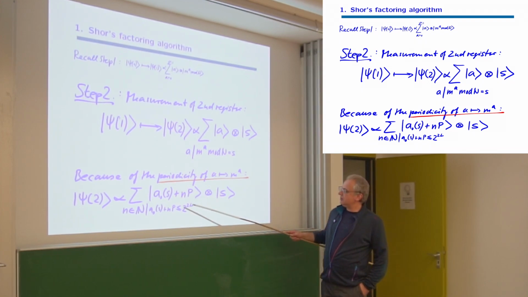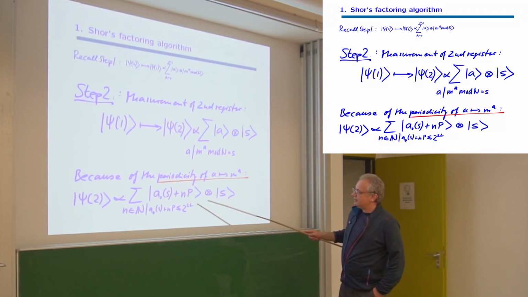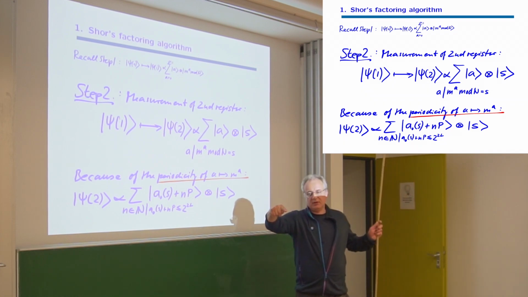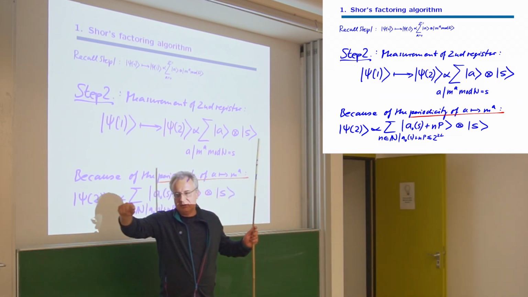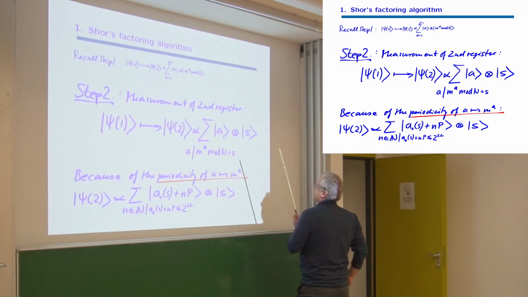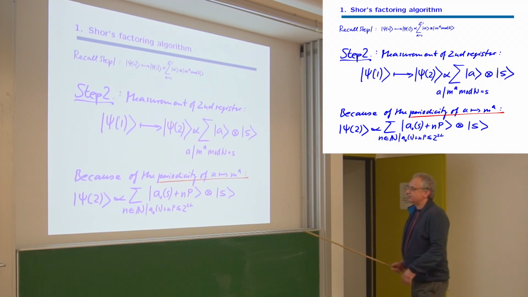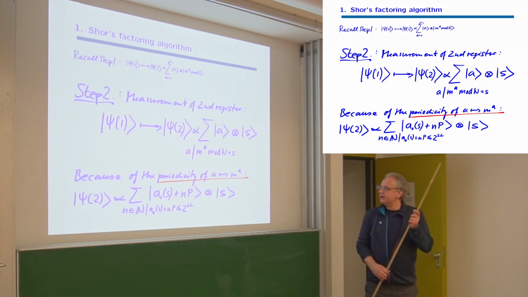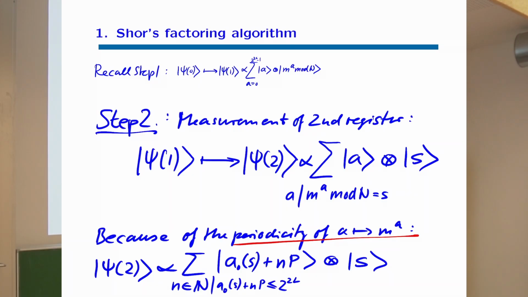Yeah? So the amplitudes here, they form a periodic function. That's kind of a peak, then nothing for a long time, another peak, nothing for a long time, another peak, and a bunch of peaks. Yeah. Okay, so it's a periodic function. And that is what we want to get something out of. Any idea how that can be used?